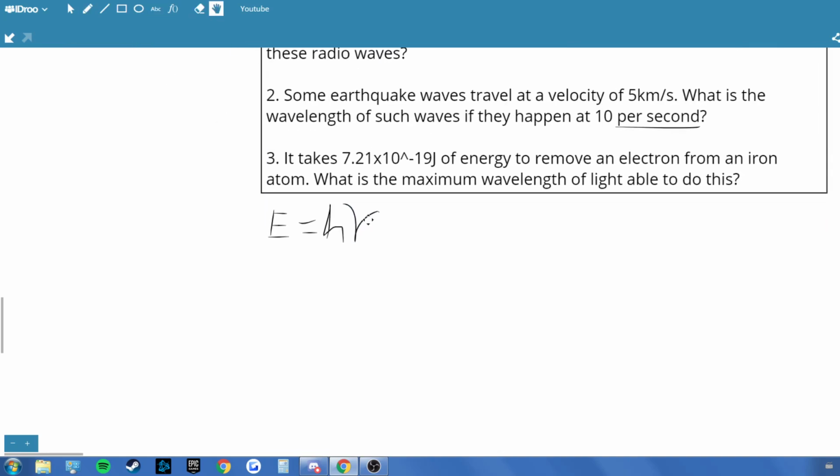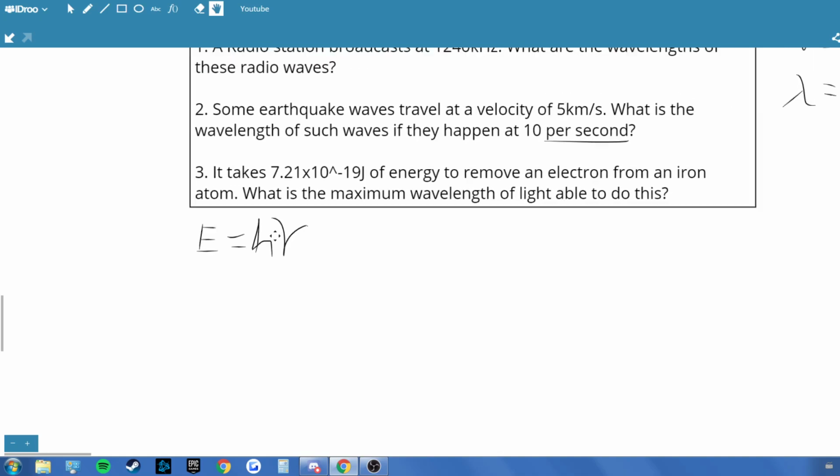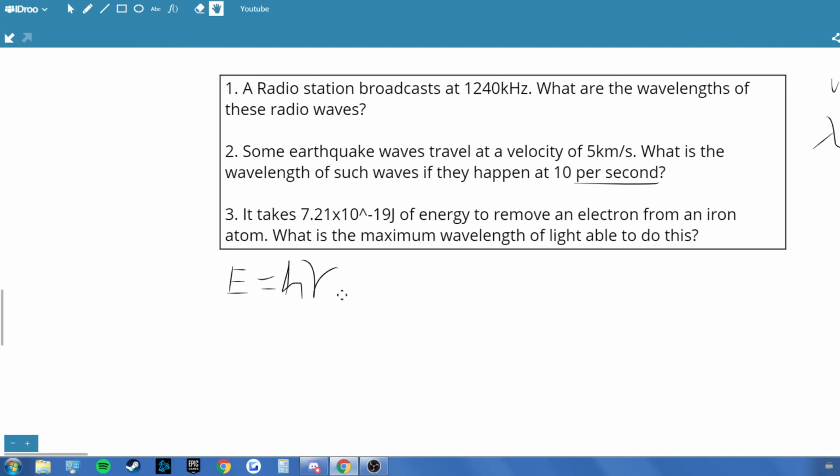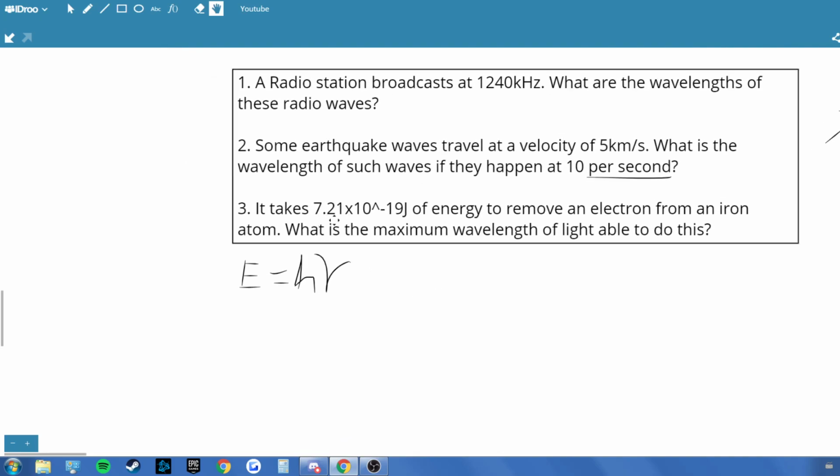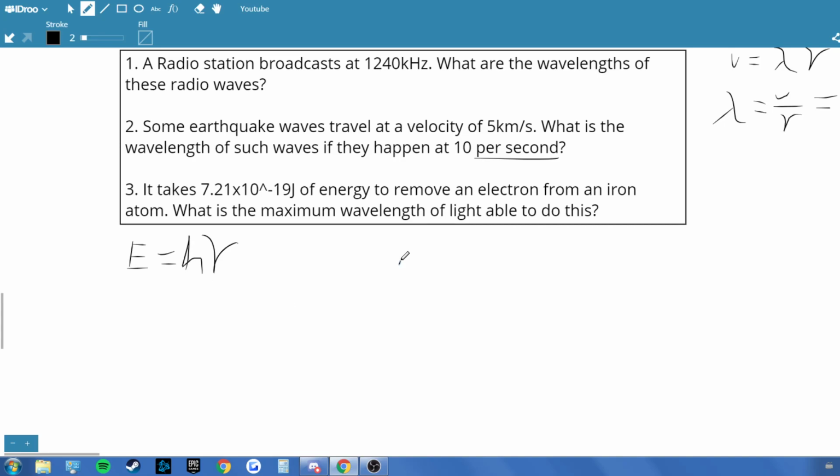So right now we have an amount in joules, and our unit for energy is joules. So this is our energy, and h is Planck's constant, which should be given to you.